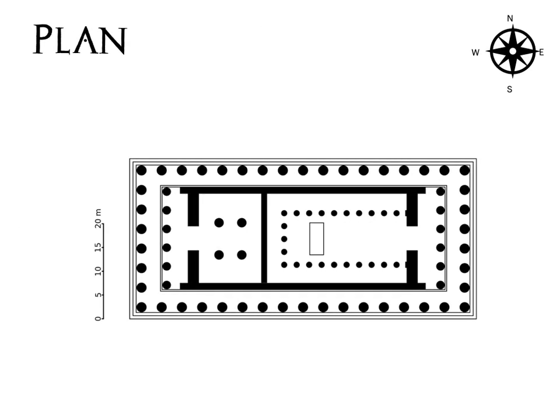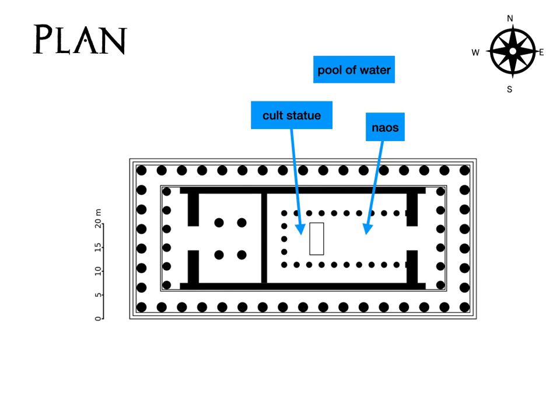So lastly, I'm going to go through the floor plan of the Parthenon and the key features that you need to know. So firstly, as we know with Greek temples, we've got the naos, that main room, which housed the cult statue of Athena Parthenos, who is standing just behind that rectangle there. That rectangle is actually a pool of water.